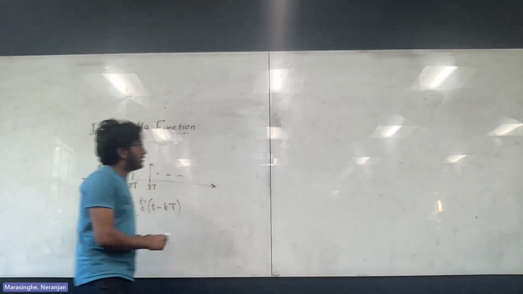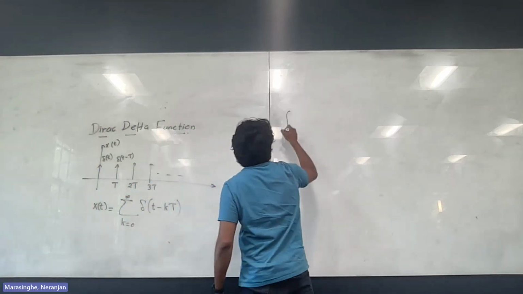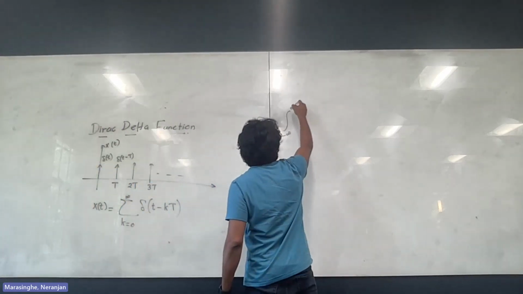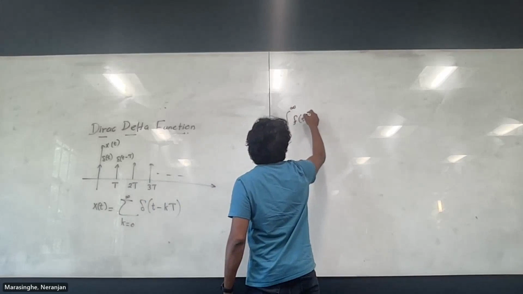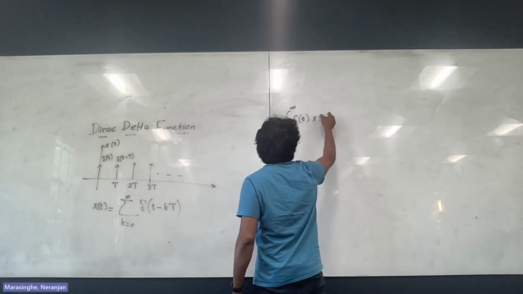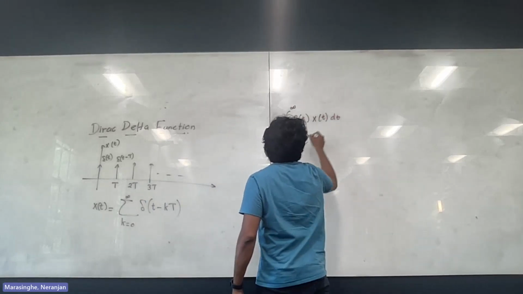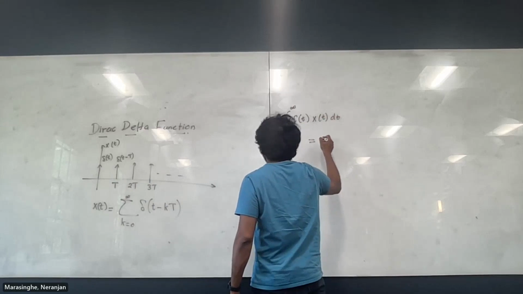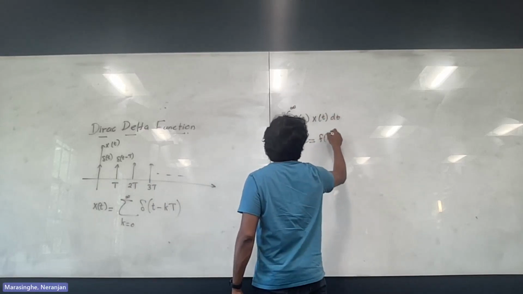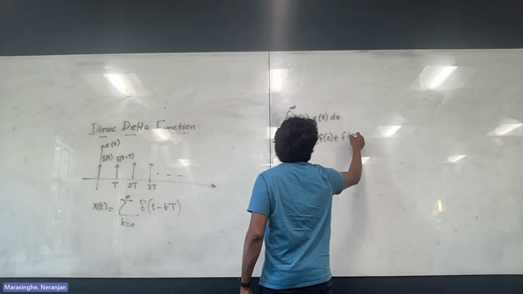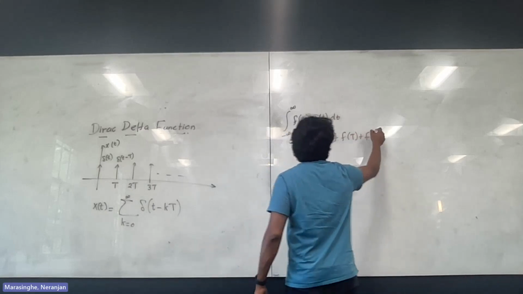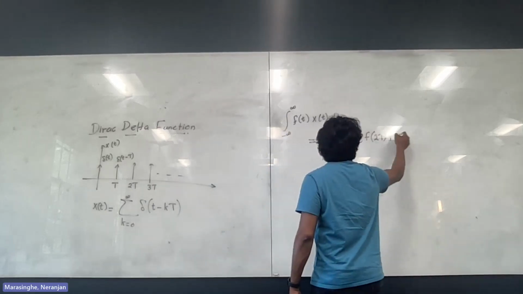So what can I say about the integral from minus infinity to infinity of f(t) times x(t), where x(t) is my impulse train? It is equal to f(0) plus f(T) plus f(2T) plus, like that.